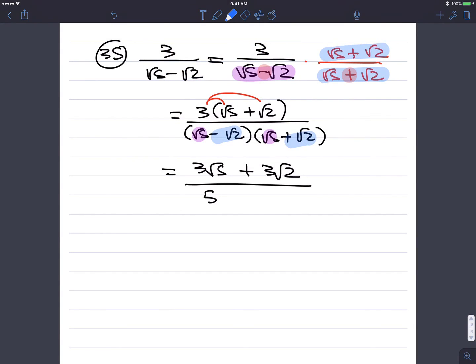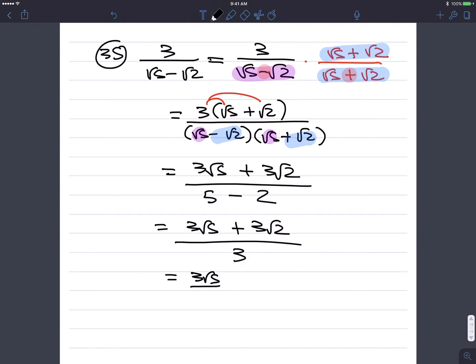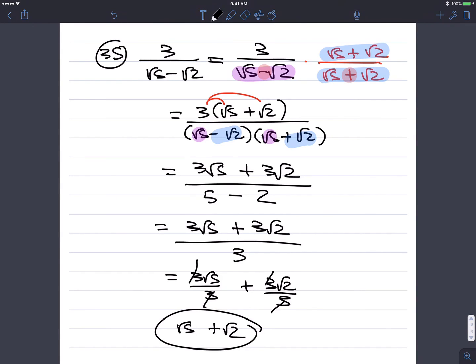Minus square root of 2 plus square root of 2 is going to be minus 2. 3 square root of 5 plus 3 square root of 2 over 3, because 5 minus 2 is 3. Divide both terms by the 3. Distribute the division by 3. We get cancellation. Final answer is the square root of 5 plus the square root of 2.